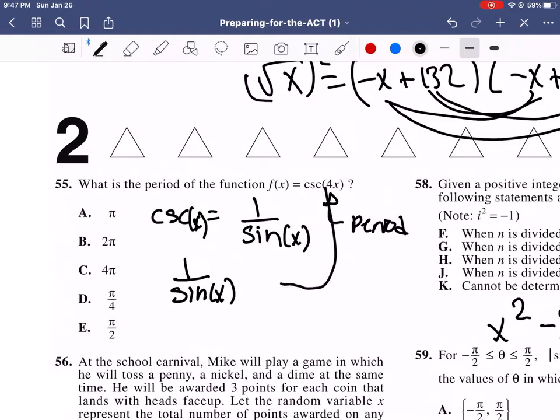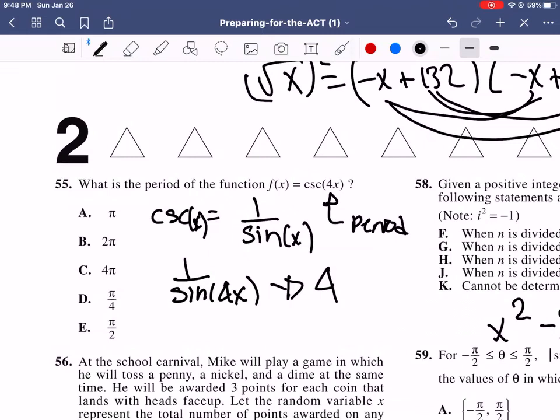If you add 4 to this, the period will be 4.